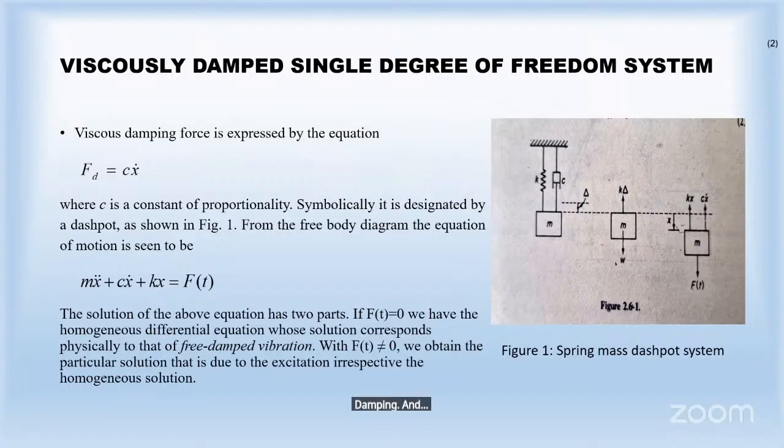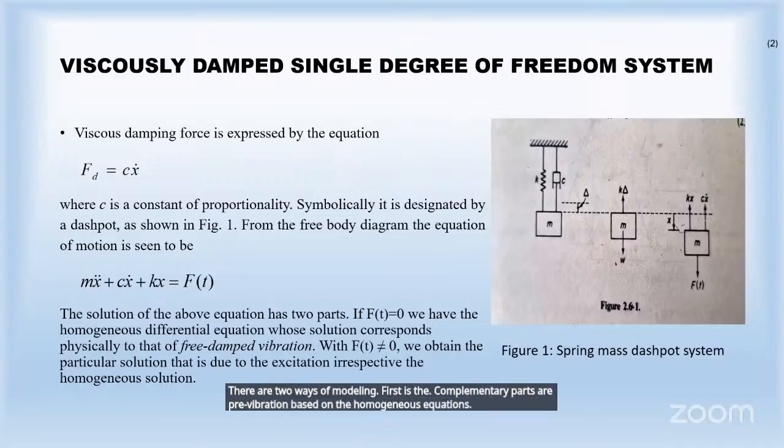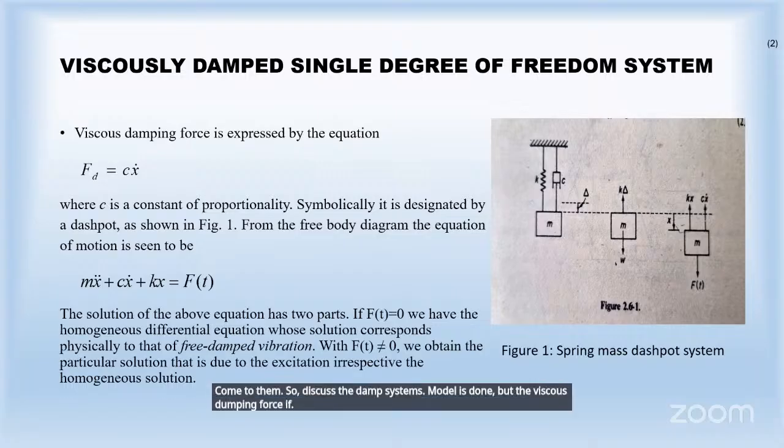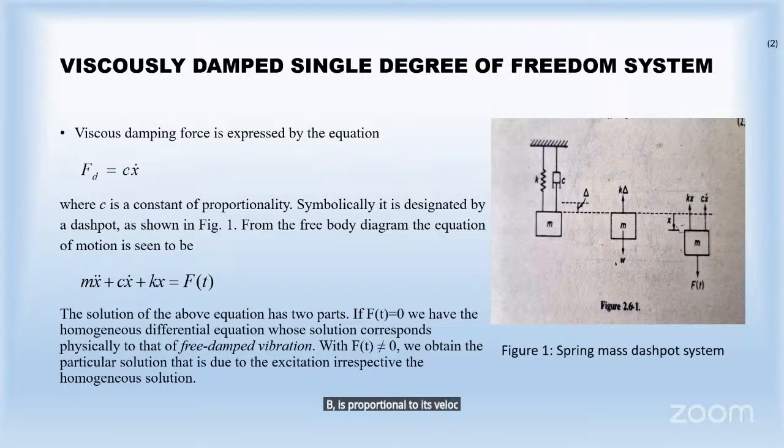For the equations of motion of viscously damped systems, there are two ways of modeling. First is the complementary part, or free vibration, based on the homogeneous equation. Another is forced vibration, considering the particular integral. The viscous damping force Fd is proportional to velocity: Fd equals c x dot, where c is the constant of proportionality, called the damping coefficient.